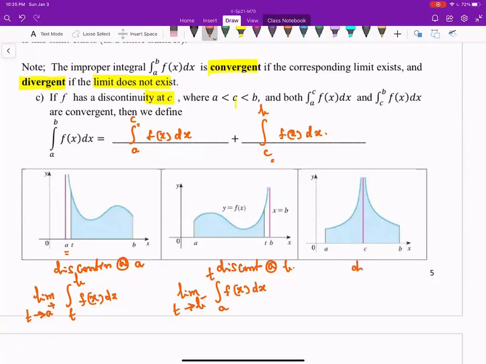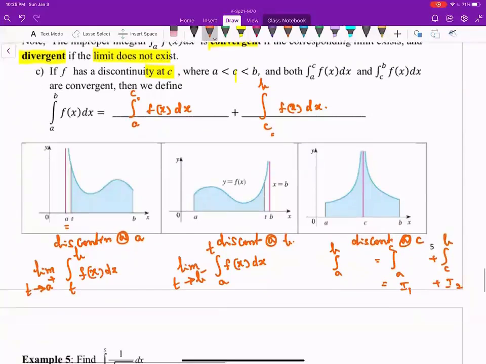The discontinuity occurs at c, where c is between a and b, in the third figure. So we have to write the integral as two integrals, I1 and I2.